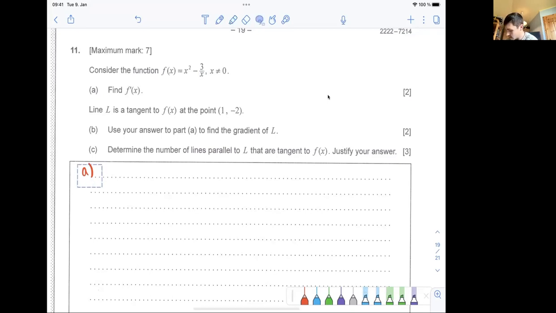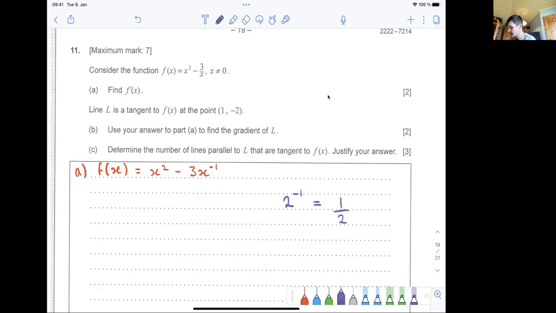The way we're going to do that is write f(x) is equal to x squared minus 3x to the power of -1. So the indices law that I use there is essentially when you raise any number to the power of, let's say 2 to the power of -1, this is equal to 1/2.